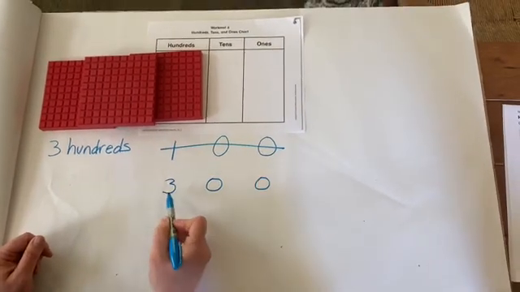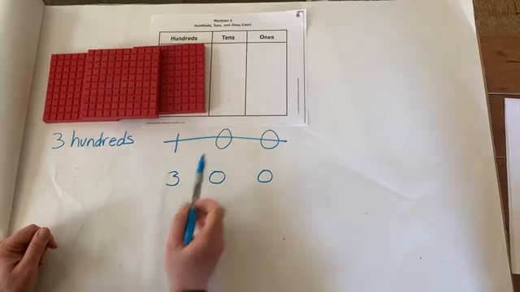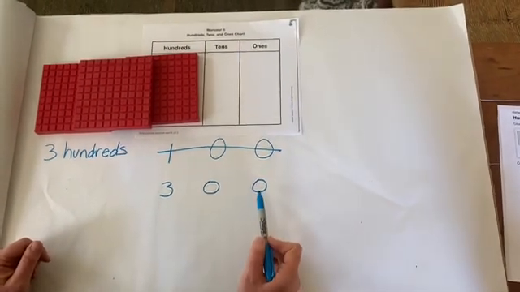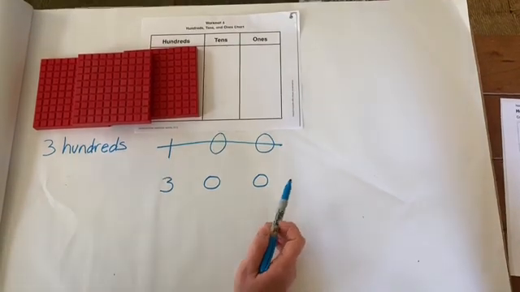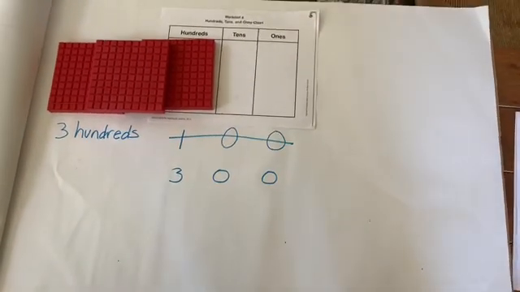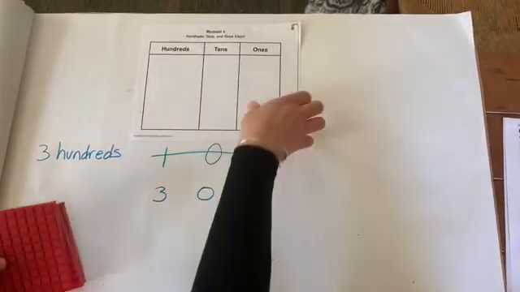And that equals 300. A 3 in the hundreds place value, 0 in the tens, and 0 in the ones. Okay, now let's talk about another number that I might represent with this chart.